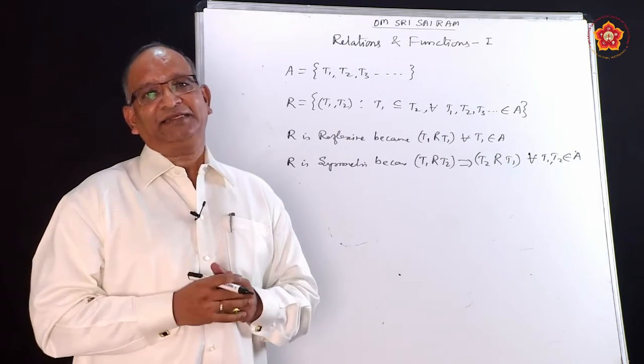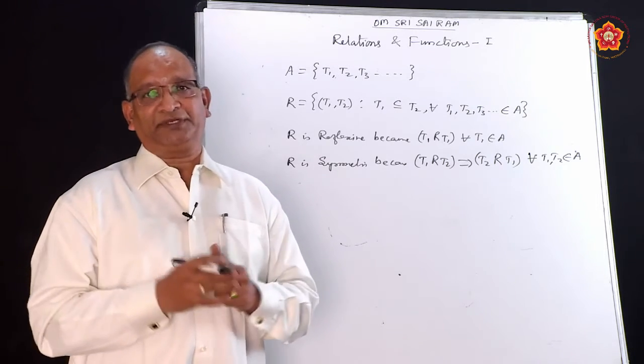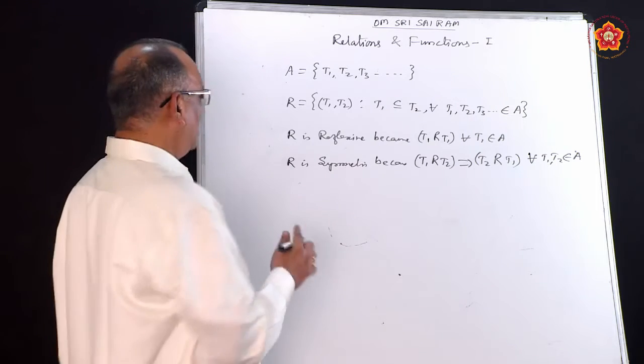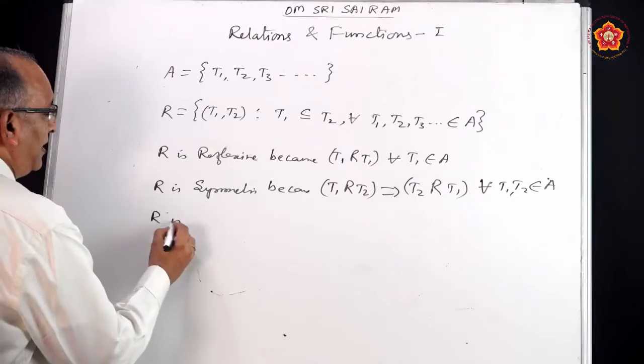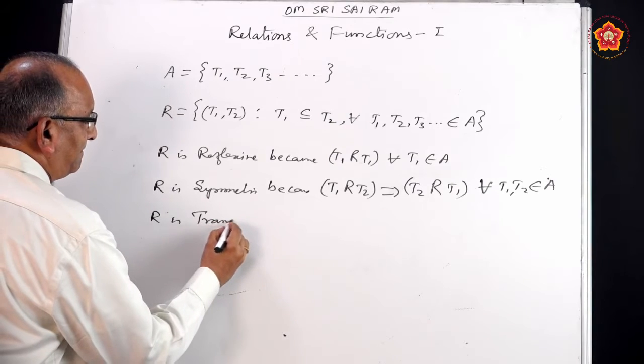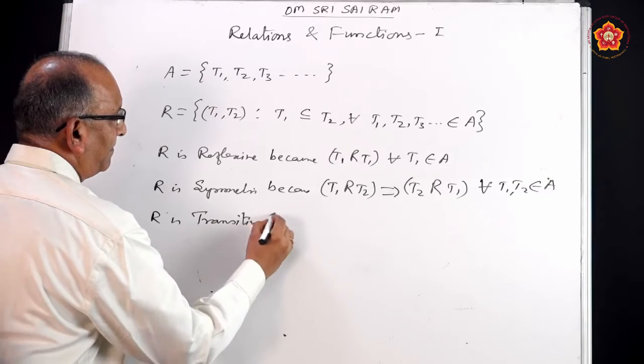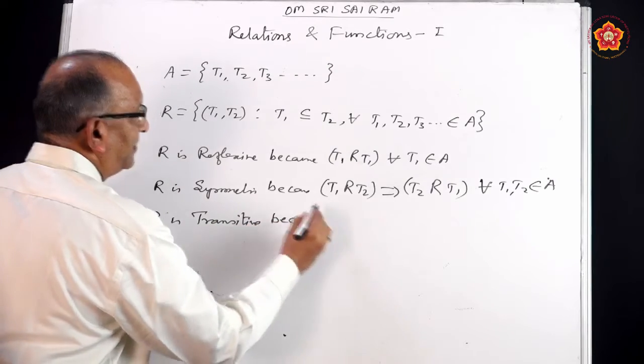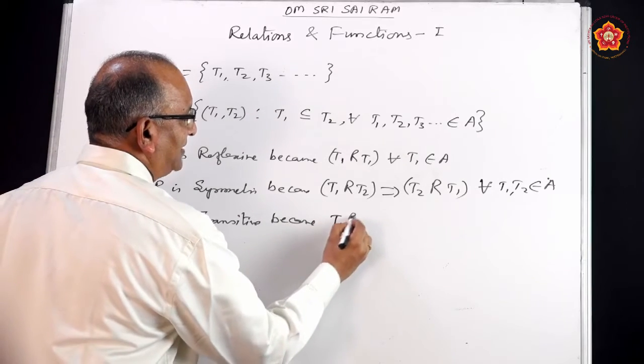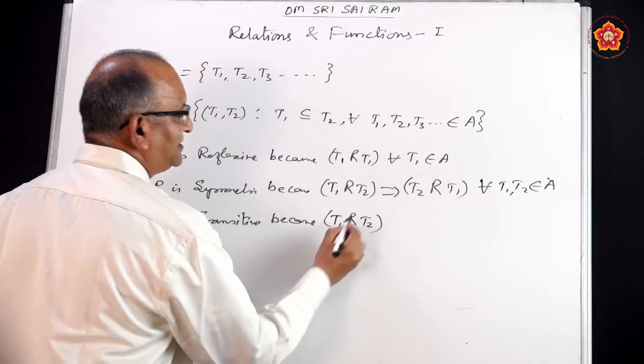Now, let us check whether it is transitive. Yes, of course, it is transitive. How do you know? R is transitive because if T1 is congruent to T2, remember relation is what? Congruency.